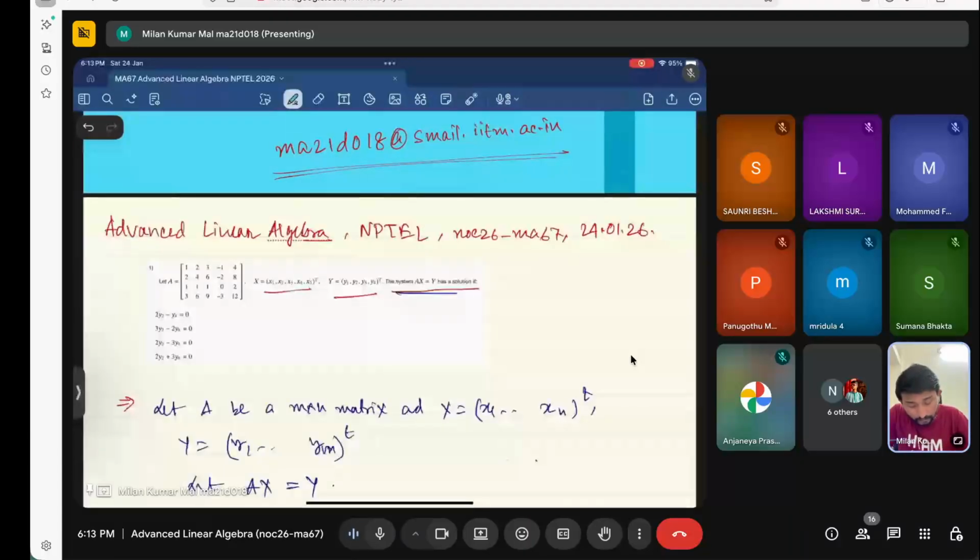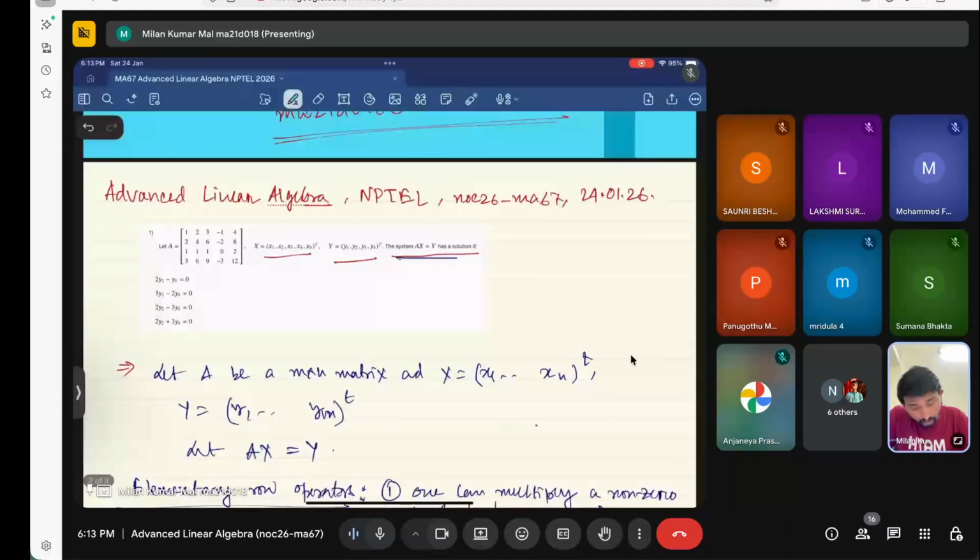If you look carefully, row 2 is actually 2 times row 1, and row 3 is actually 3 times row 1.